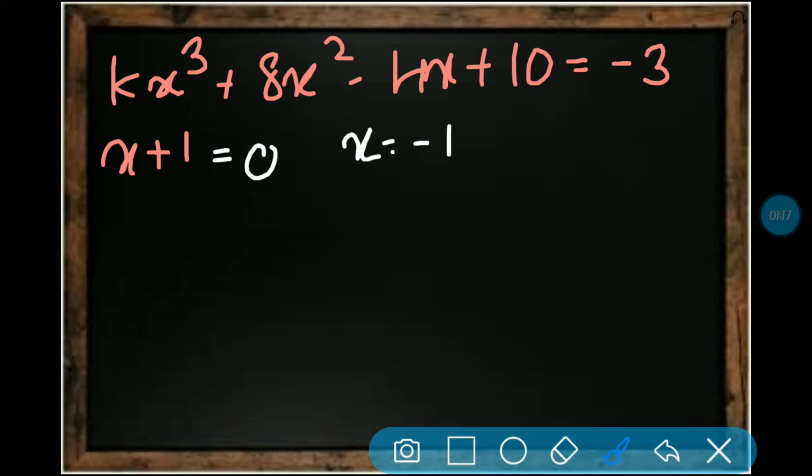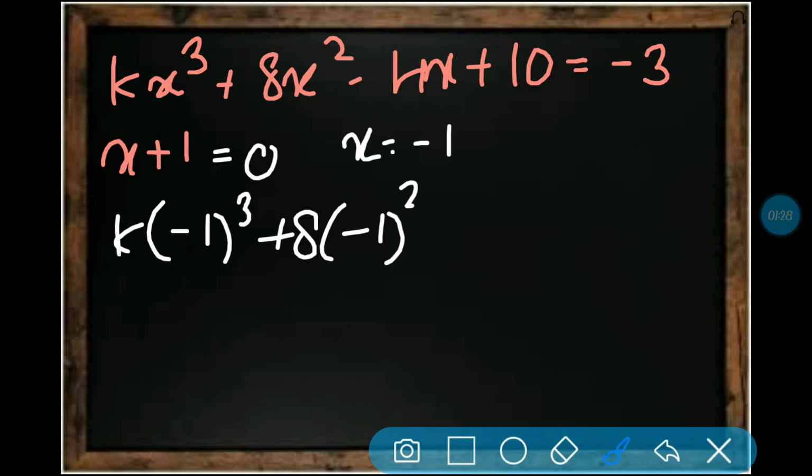Simple only. Now k into minus 1 cube plus 8 into minus 1 square minus 4 into minus 1 plus 10 is equal to minus 3. Now minus 1 into minus 1 into minus 1 is minus 1 cube, that is minus 1 itself.